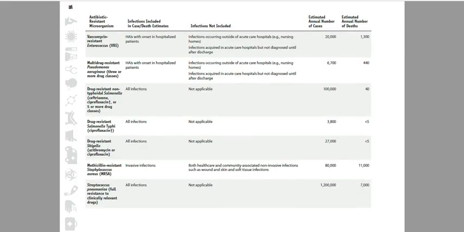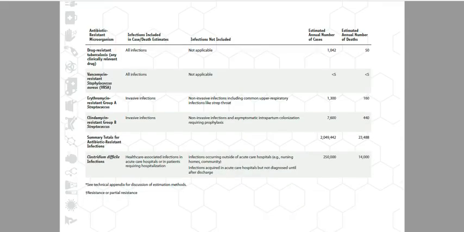And a continuation of that chart. And a continuation of that chart again.